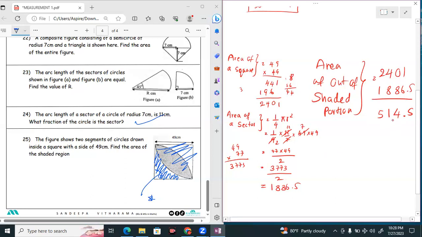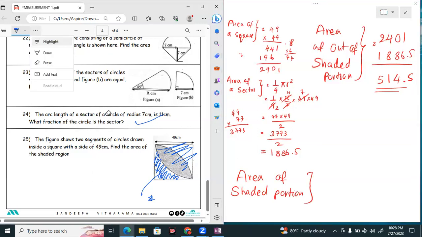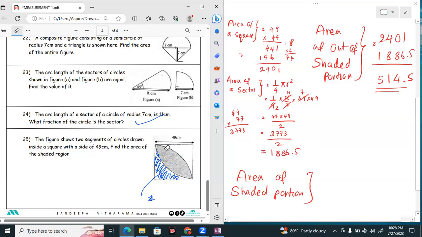It is 514.5. Okay. Then to find the area of the shaded portion, we have found this white part's area.